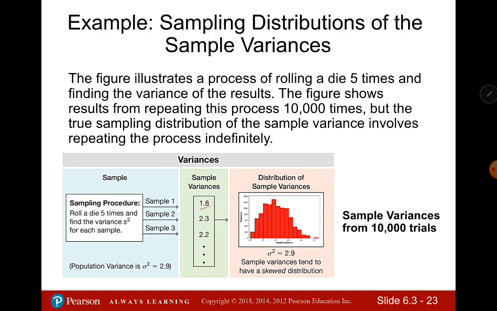Then I put them into a frequency histogram by using the technology. Then we find this one is no longer bell-shaped. It's a curve skewed to the right. But based on the technology, we know the mean value of all the S squared is just the same as the population sigma squared, 2.9.